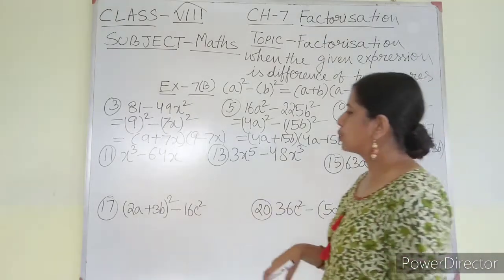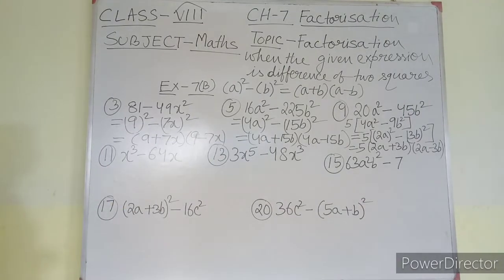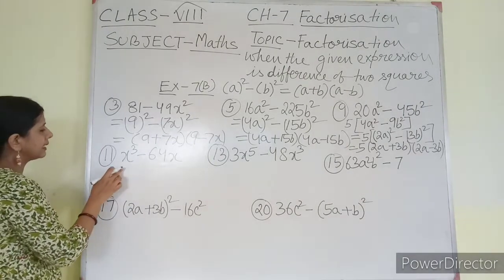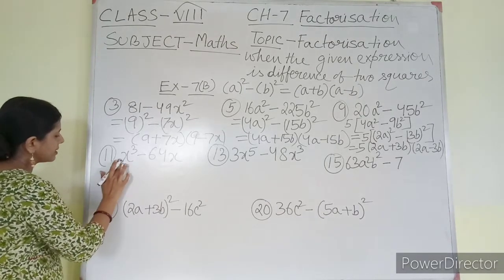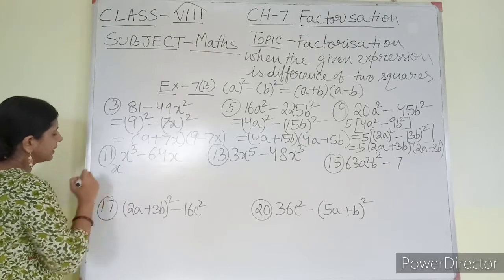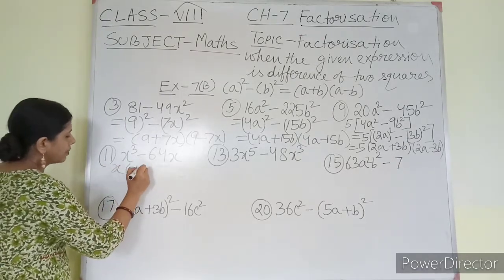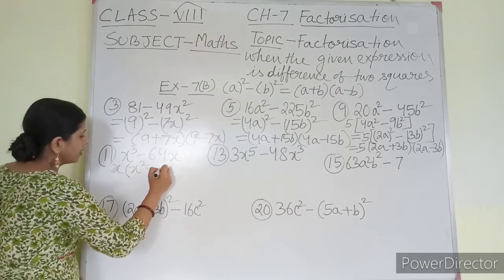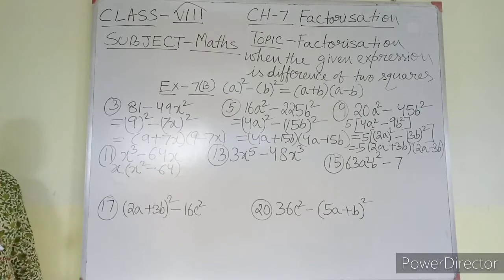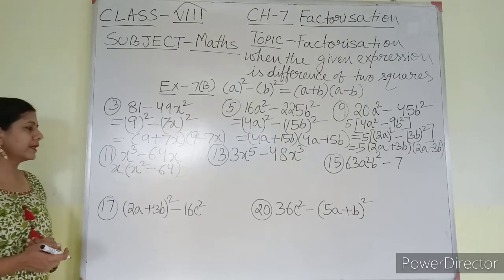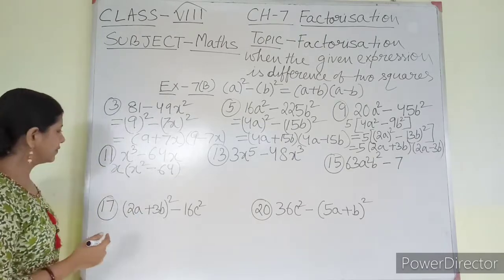Okay. Now question number 11. x cube minus 64x. From this I can take x as common. If I take x as common, what is left behind? From here x square, and from here only 64. Now 64, it is the square of what? Which number will give you the answer 64? 8 eights are 64.